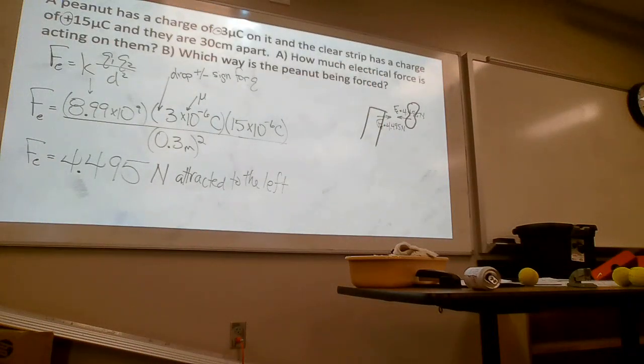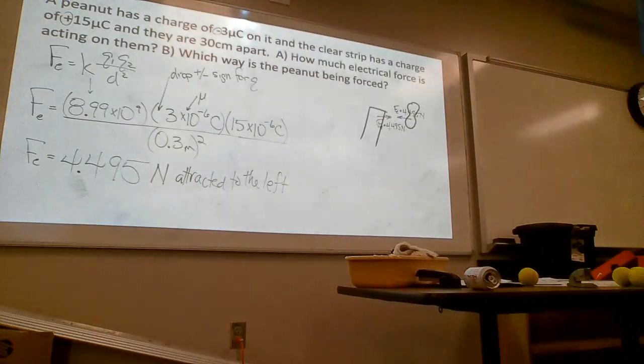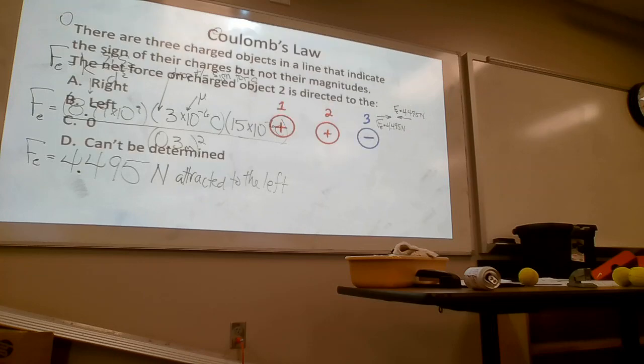The peanut is just being forced, attracted to the left. If the strip was on the other side, it would be forced to the right. Questions there? Okay.